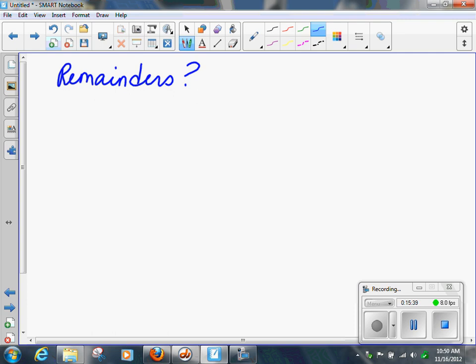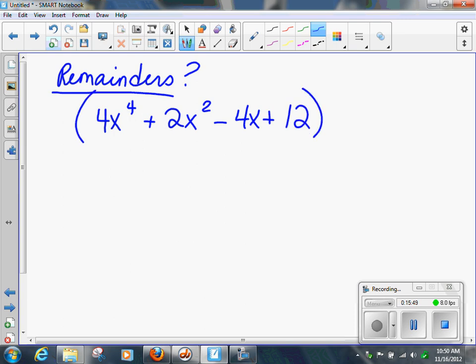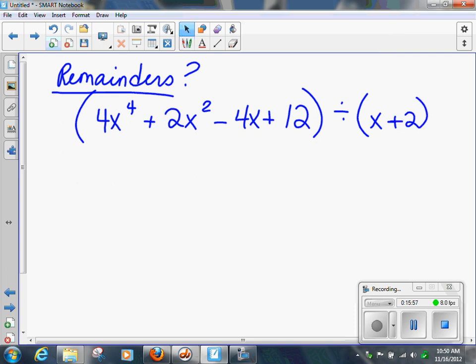All right, so let's figure out what to do when we have a remainder. 4x to the fourth plus 2x squared minus 4x plus 12 divided by x plus 2.